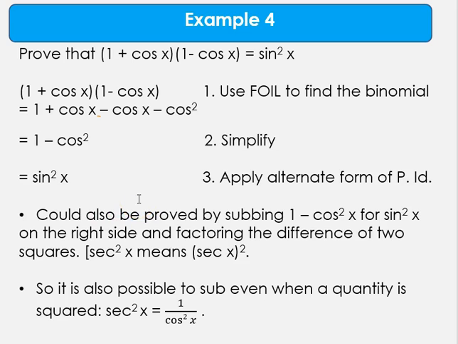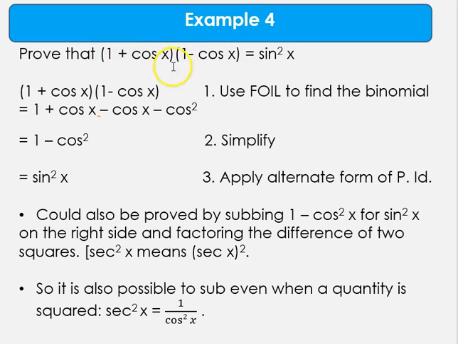So example 4 is a proof of an identity, and because these are proofs, they are difficult. They're not just doing the problems. So it says prove that 1 plus cosine x times 1 minus cosine x equals sine squared x. And for those of you that have any memory of algebra, you'll realize something when you see these two terms being multiplied.